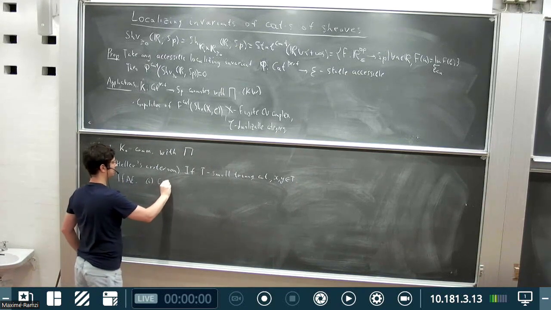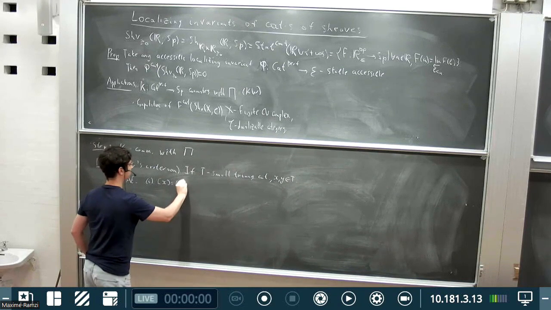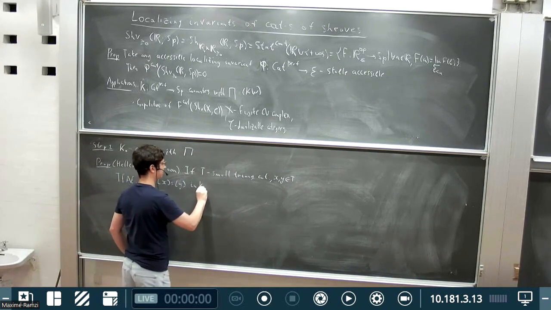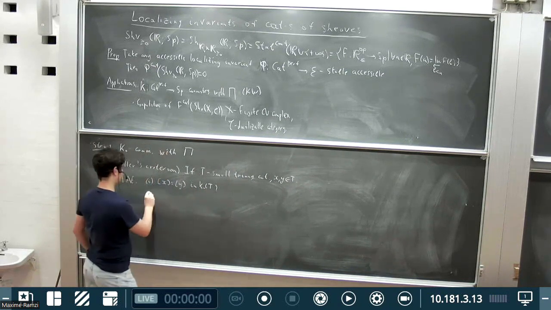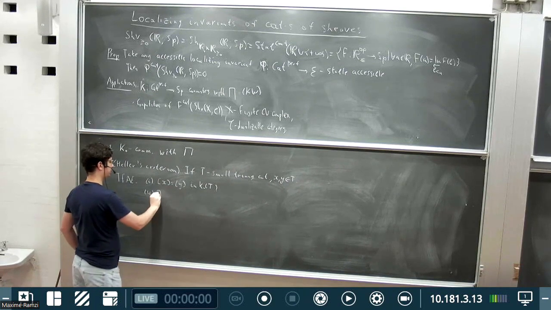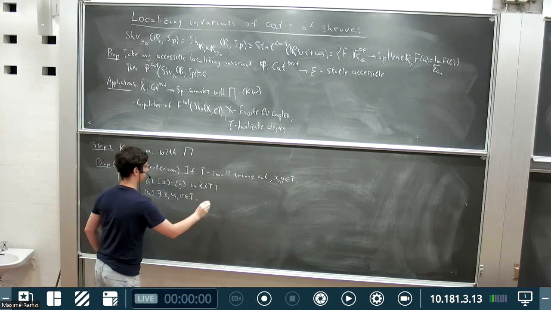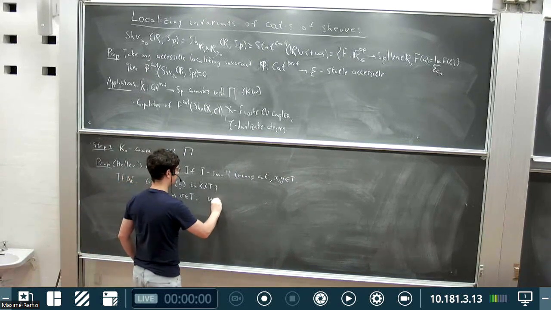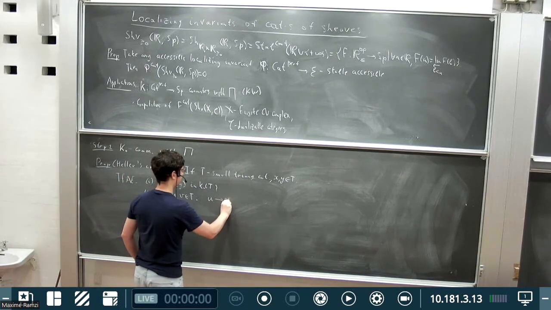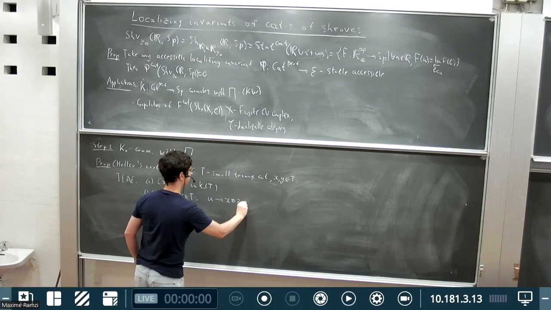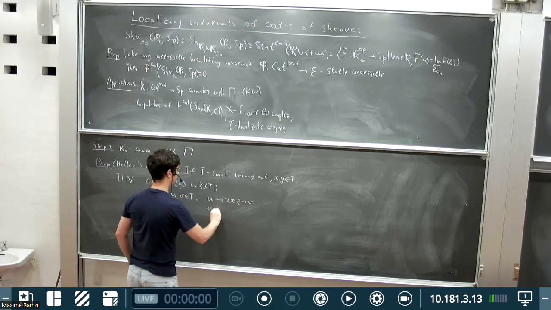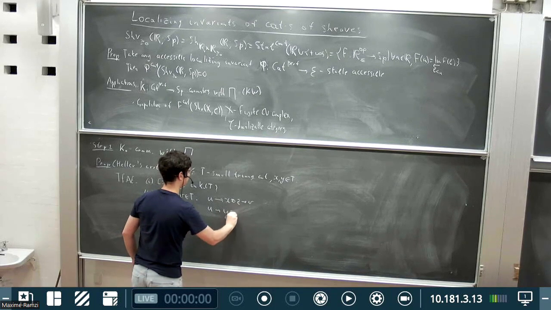Their classes are equal in K0, and there exists some z, u, v in T such that there exist exact triangles u, x plus z, v, and u, y plus z, v.